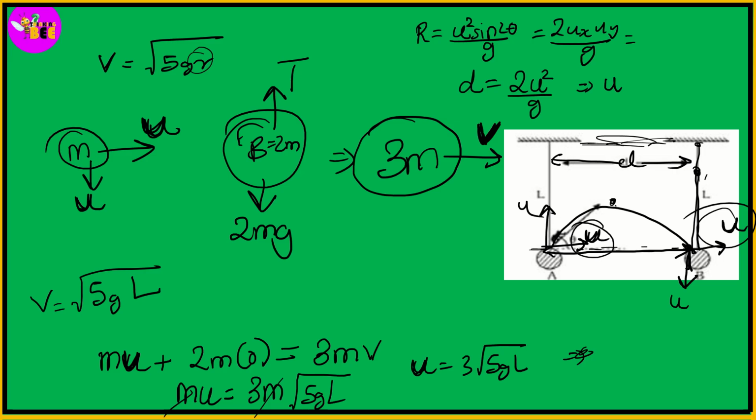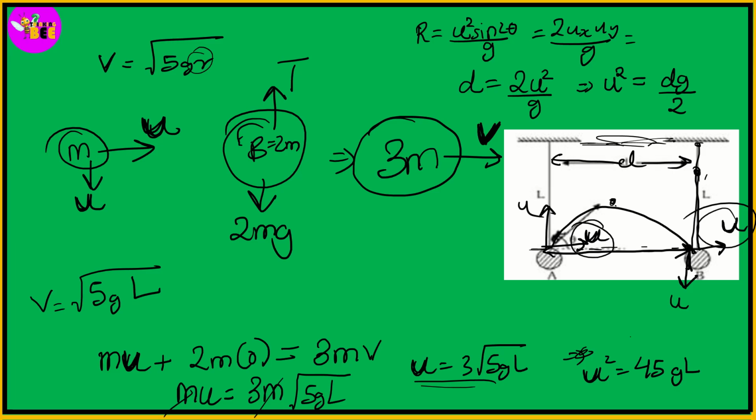From this, we get u square equal to dg by 2. Now, where we got u equal to 3 root 5 gL, we get u square equal to 45 gL.